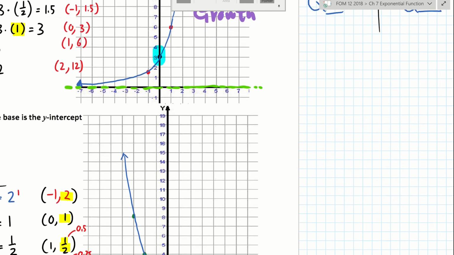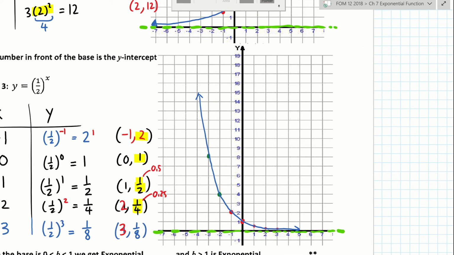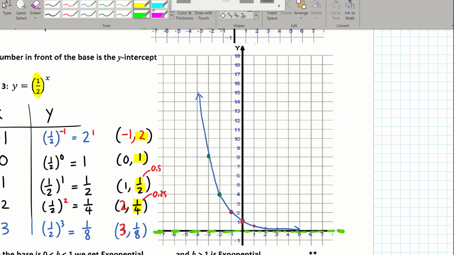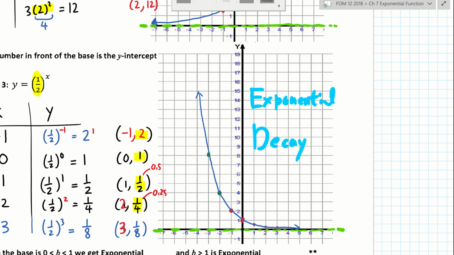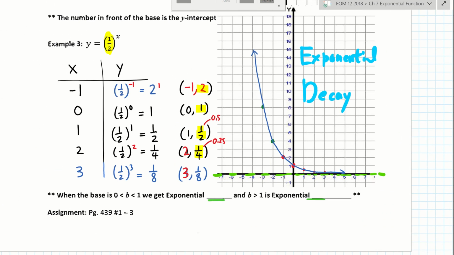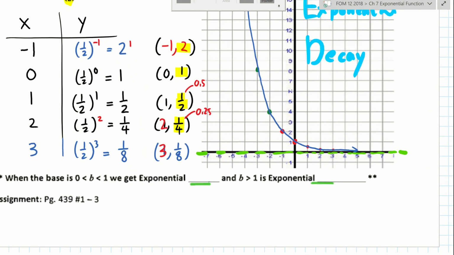And what we have now, when the base is less than 1, so when the base is 1/2 right here, we actually have something called exponential decay. So that means it's getting smaller, right? Exponential decay. Okay, so it all depends on the base, not on the x, right? On the base in front of the x.